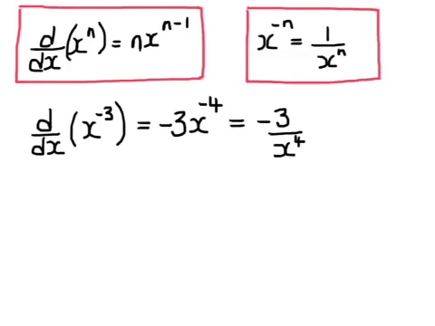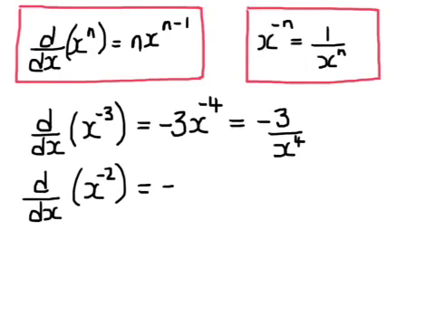If we look at a second example, if I differentiate with respect to x, x to the power of minus 2, so what's going to happen here is my value of n is minus 2. That goes in front of the x, and I reduce the minus 2 by 1.